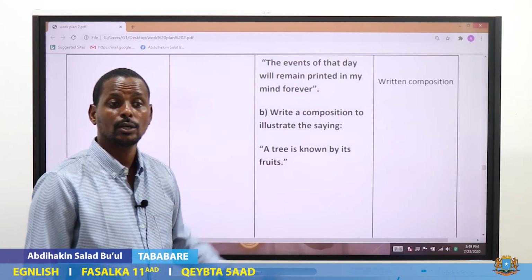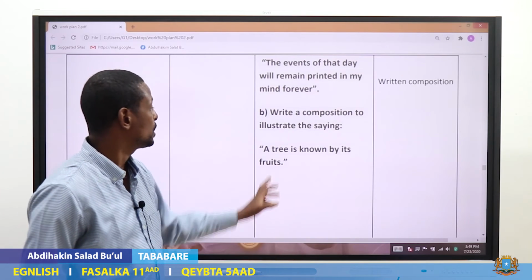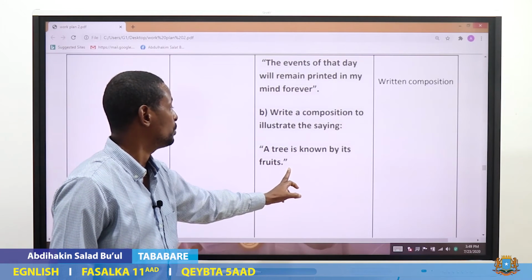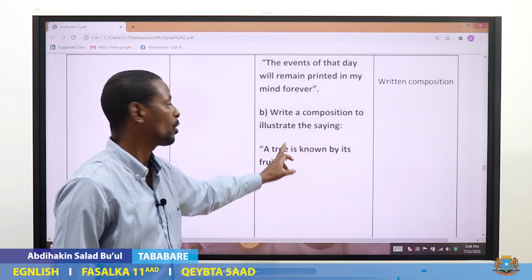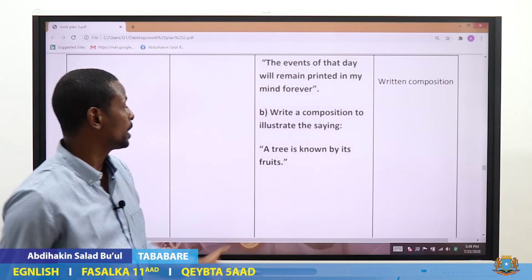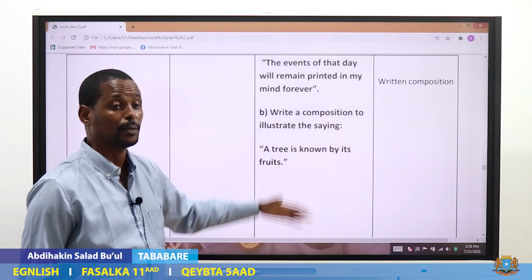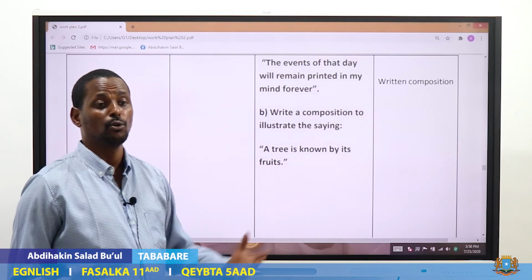So you're not telling the student you cannot disagree or agree, because these kinds of essays are called expository. Two sides. A student can choose, yes, a tree is known by its fruits, but sometimes you cannot judge a book by its cover, you know.